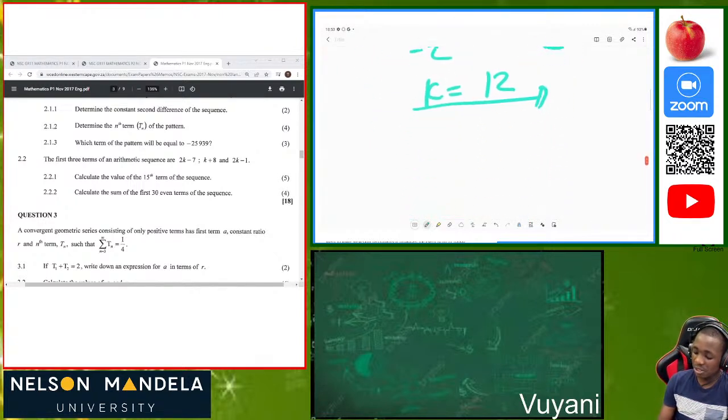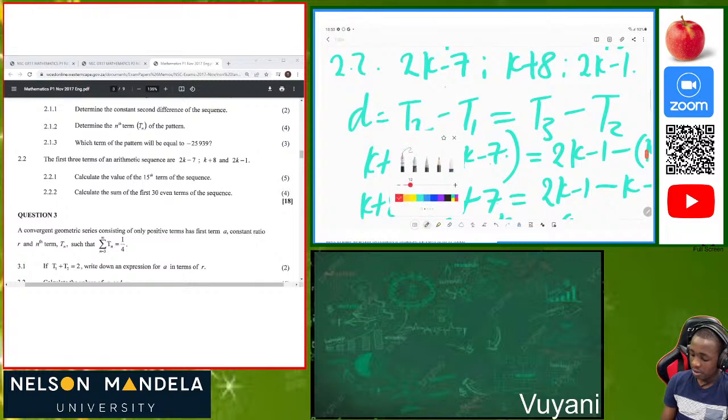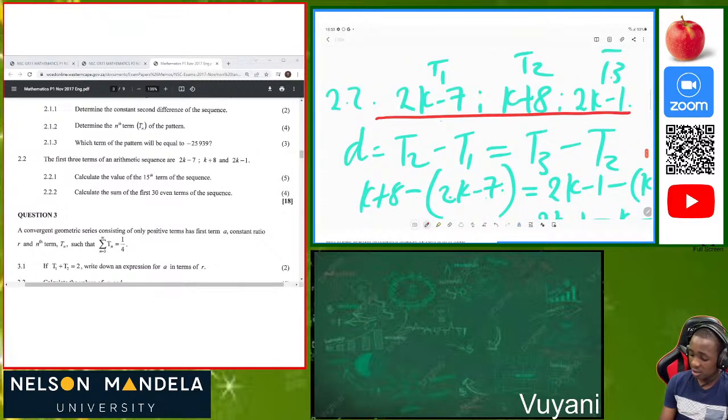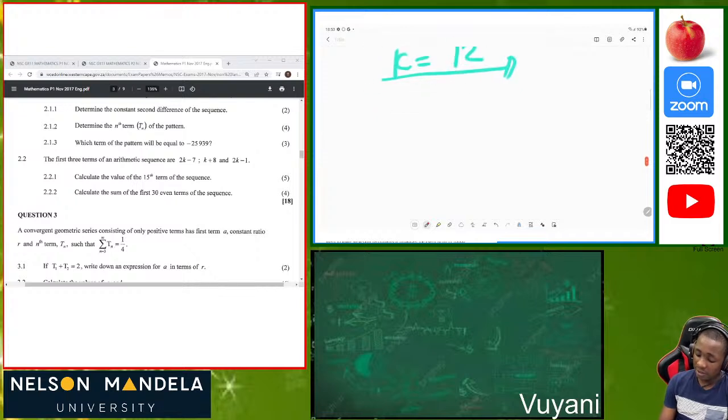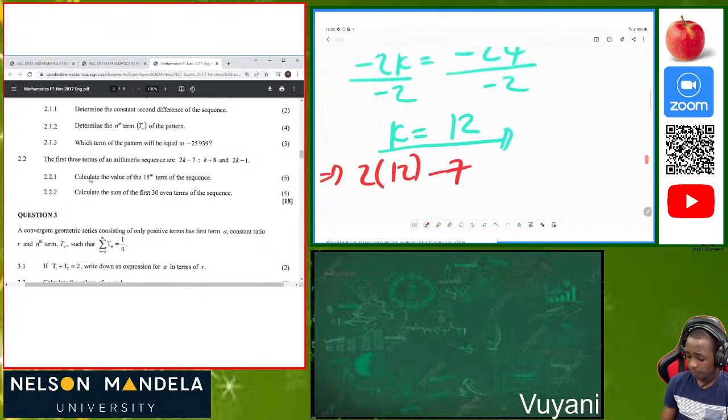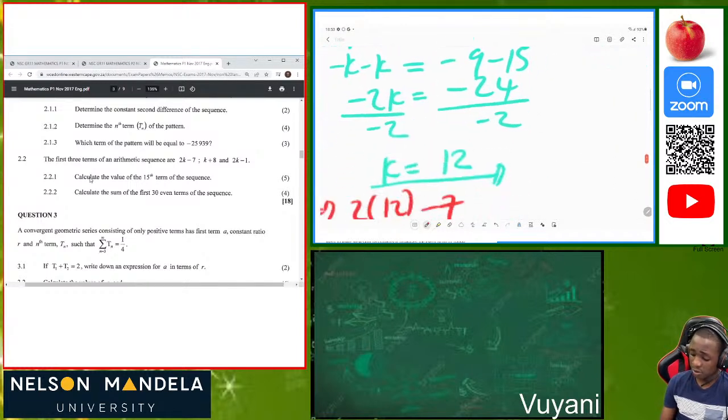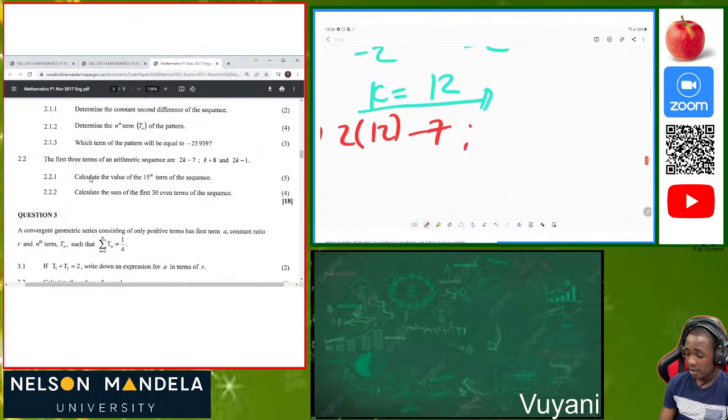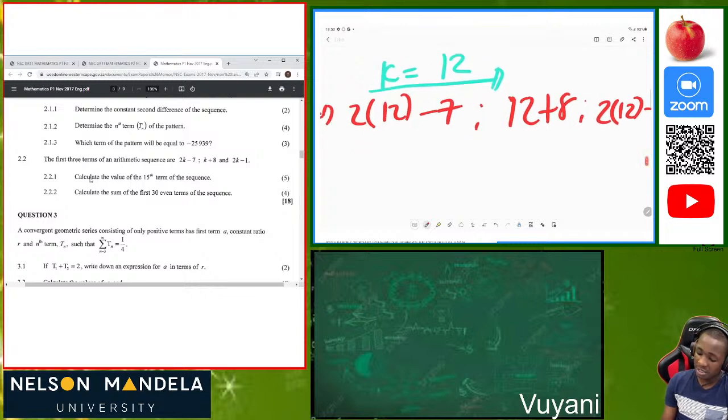Now let's determine our sequence. We are substituting k equal to 12. So for our sequence we have 2 times 12 minus 7, k which is 12 plus 8, and 2 times 12 minus 1. 2 times 12 is 24, 24 minus 7 is 17.